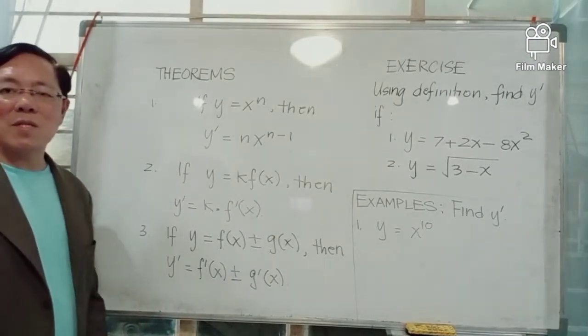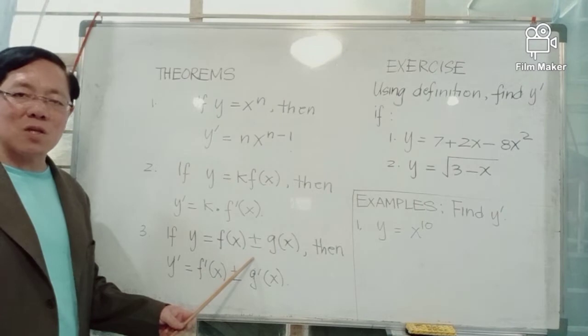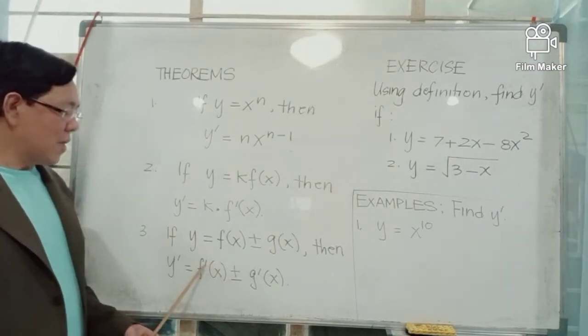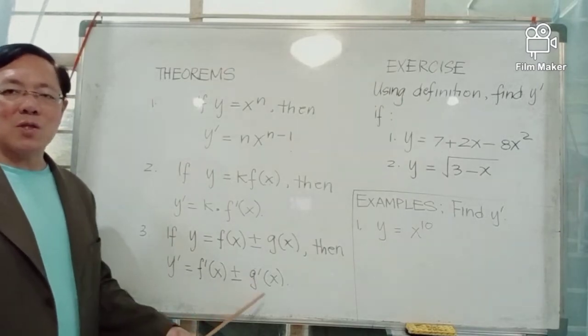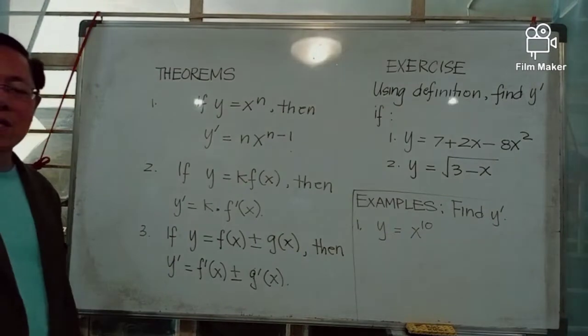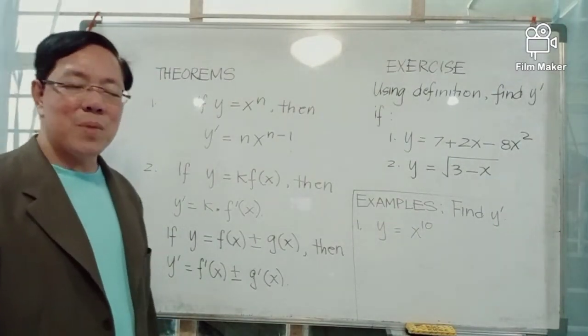The third theorem says that the derivative of a sum or difference of two functions is equal to the sum or difference of the derivatives of the two functions. We now apply the first three theorems on differentiation to find the derivative of the given function.